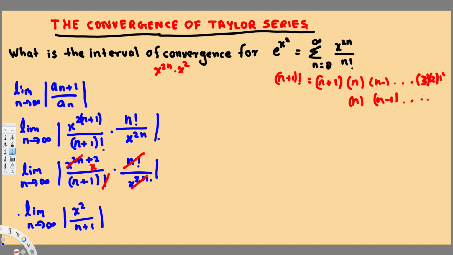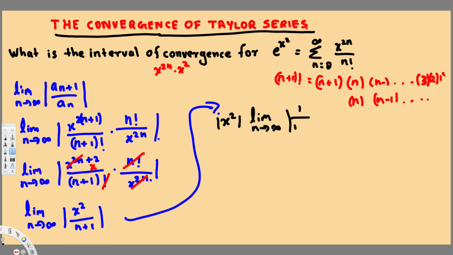So this is going to be the absolute value of x squared times the limit as n approaches infinity of 1 over n plus 1, right? From this you can see that the limit is going to be 0, because if you apply infinity to this n value, it is 1 over infinity, and that gives us 0. So this is the same as x squared times 0.